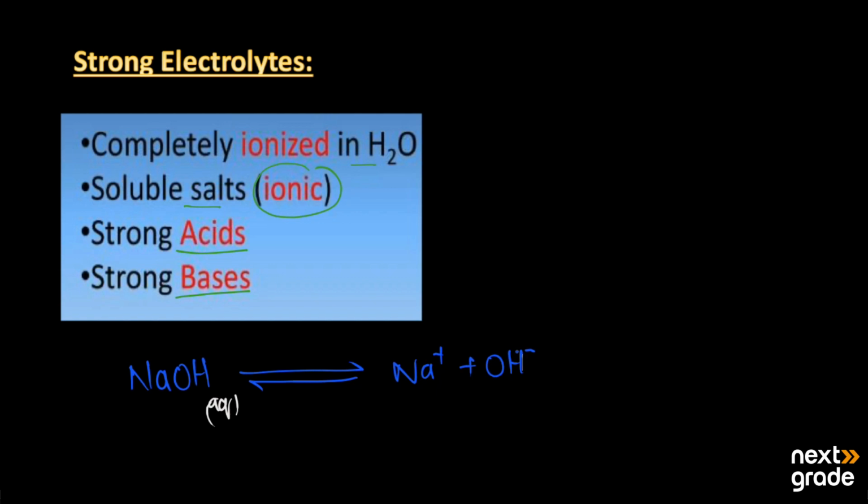As it dissociates into ions completely, that is why it is called a strong electrolyte. This takes place in the presence of water, so we have the aqueous physical state.